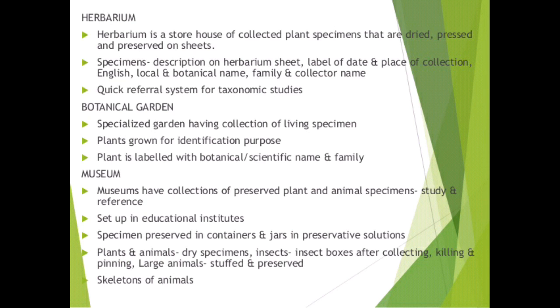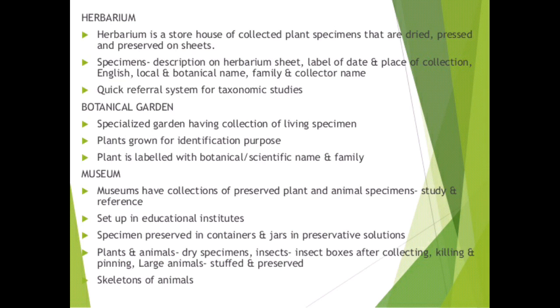In India, in Kolkata, that botanical garden is there. There you will find a very big banyan tree, known as the Great Banyan Tree. So, for study purposes, this botanical garden is very useful to know the features of various plants.